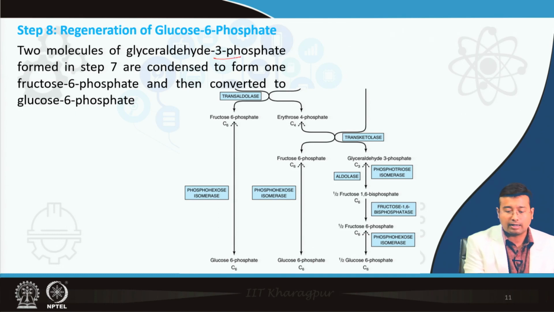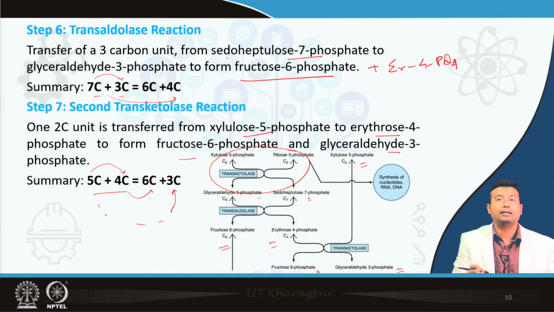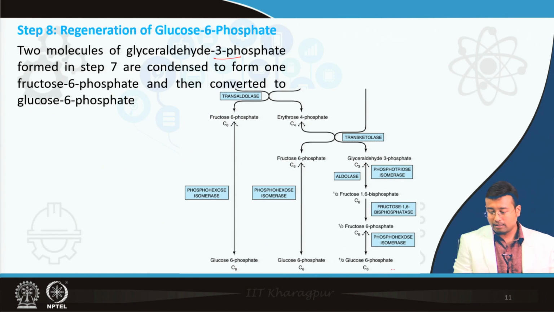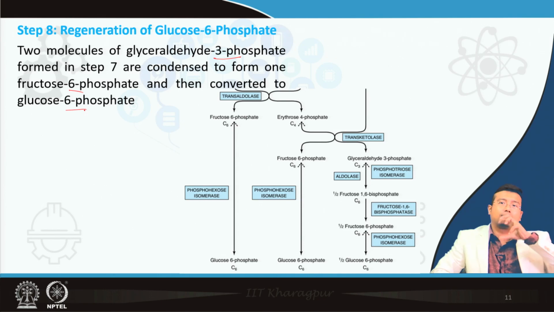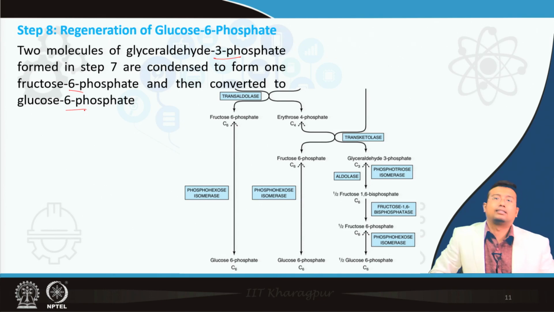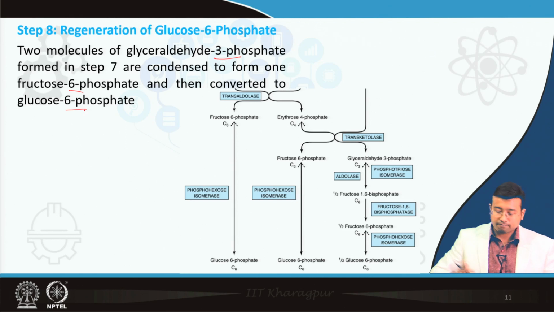Two molecules of glyceraldehyde 3-phosphate that are formed in the earlier step are getting condensed. So, two glyceraldehyde molecules condense to form fructose 6-phosphate and then are converted to glucose 6-phosphate. So, 2 three-carbon compounds are condensed to form a 6 carbon compound. Okay.